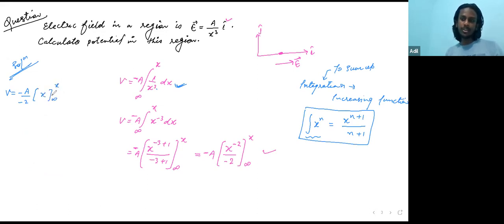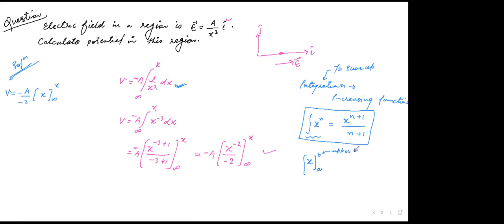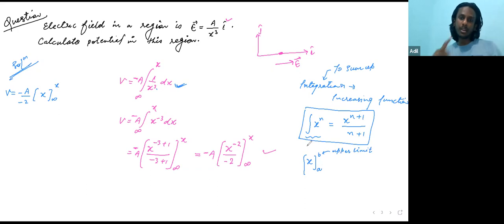Now, in such types of values, Nawal, especially for you, suppose that you are going to solve such a value, x to the power a to b. This is your upper limit, and this is your lower limit.